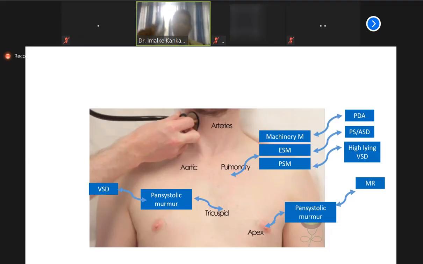So with high-lying VSDs, you might hear a pansystolic murmur in the left upper sternal edge. This is a bit rare. If you hear the murmur best heard in the aortic area, it will be ejection systolic, and in that case, look for carotid radiation.